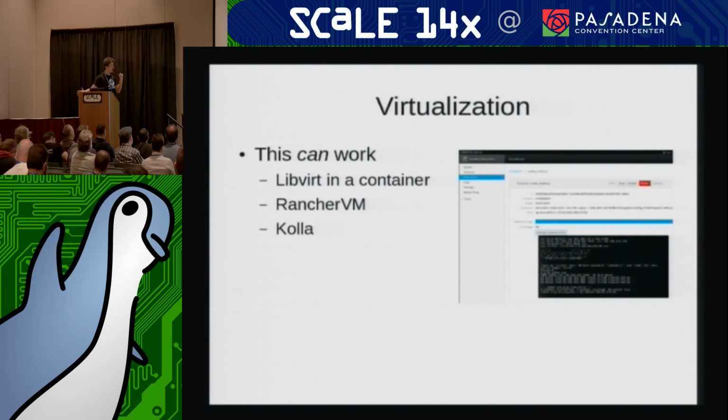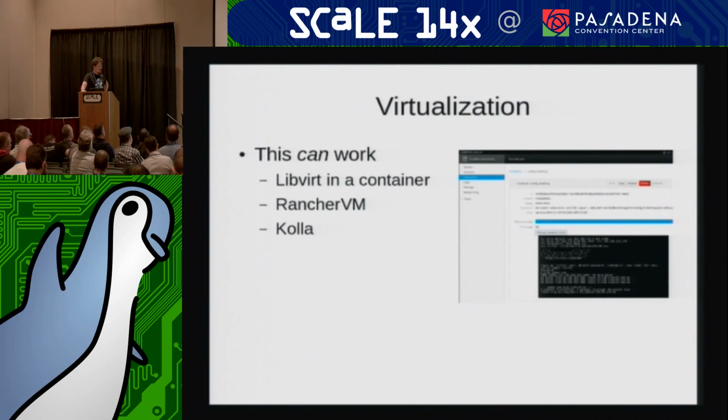I've done libvirt in a container, and I don't know how visible it is, but I've got a little Cirros test image that's running in a container in a KVM, using the host KVM. And so that works. There are other ways of doing it.